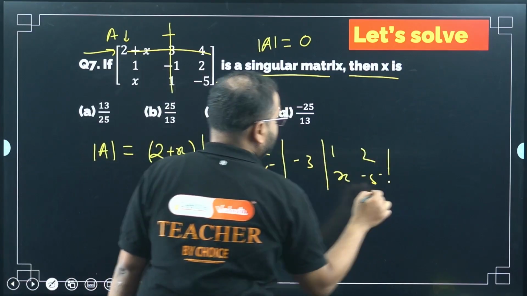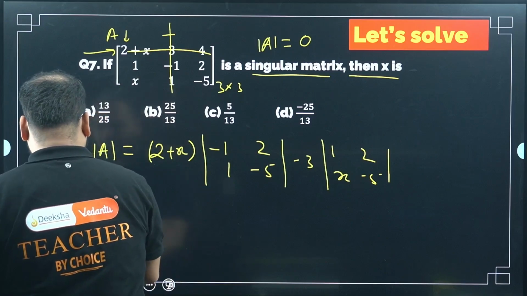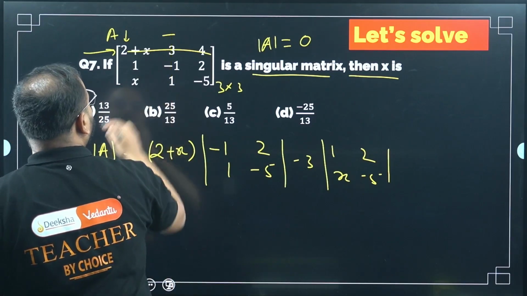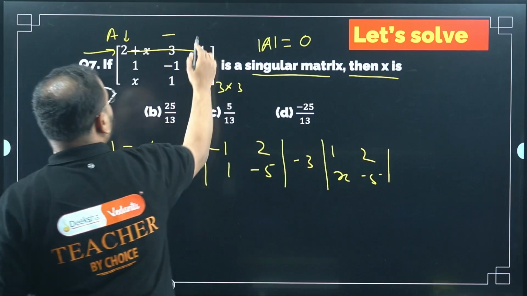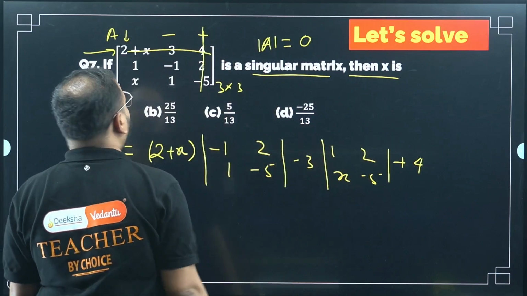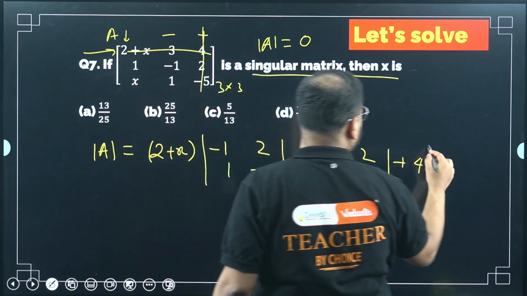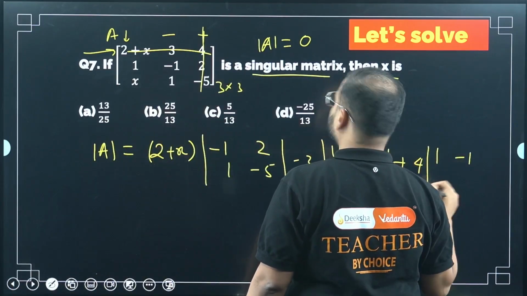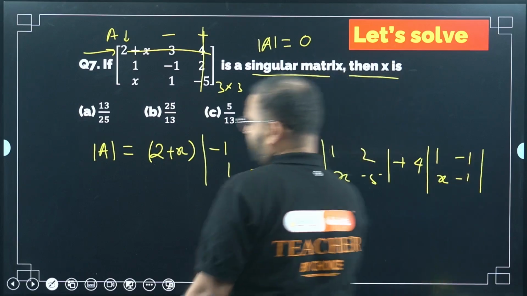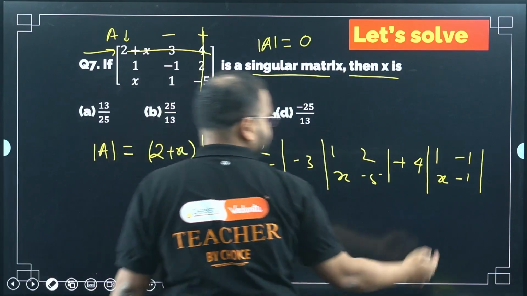For the last element, which is 4, the sign will be positive, so I'll take it as plus 4. Again cancel the last column, giving me the matrix 1, minus 1, x, 1.